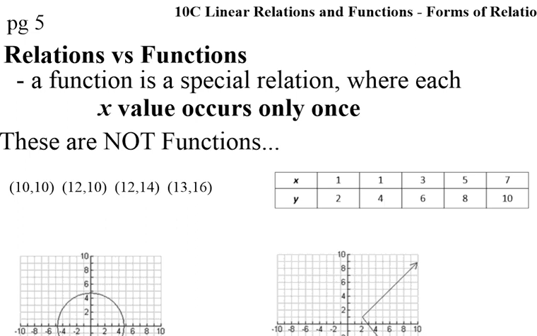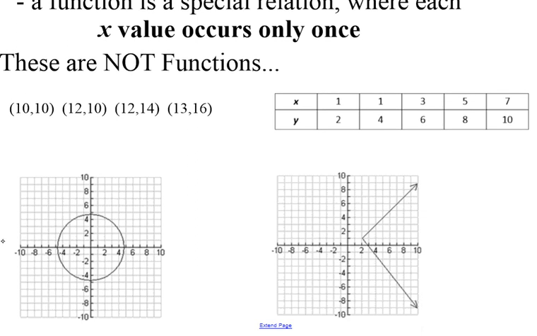Well, if we move to the second set of graphs there that are not functions, why are they not functions? Well, when I look at the first example, my x values, I see that for this relation, x equal to 12 occurs twice.